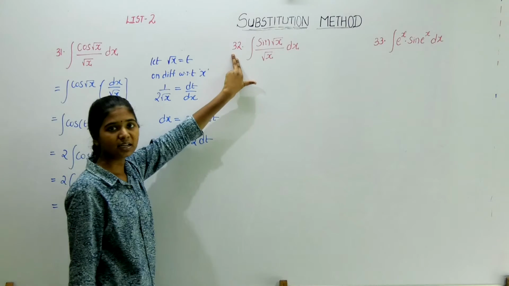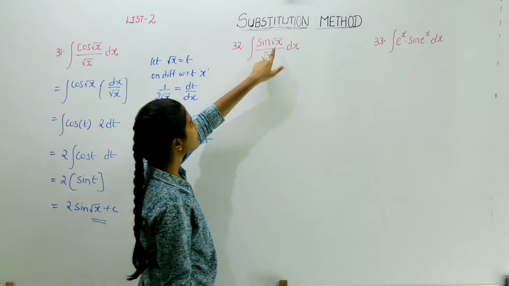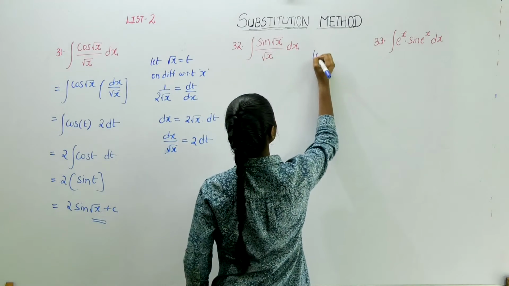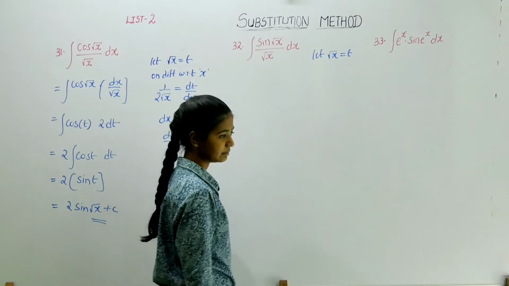Similarly, this 32nd question is given as integral sin root x by root x dx. To solve this, let us assume root x is equal to t.